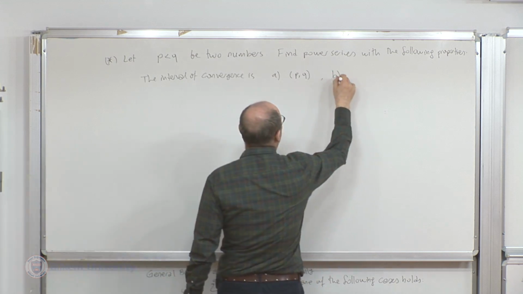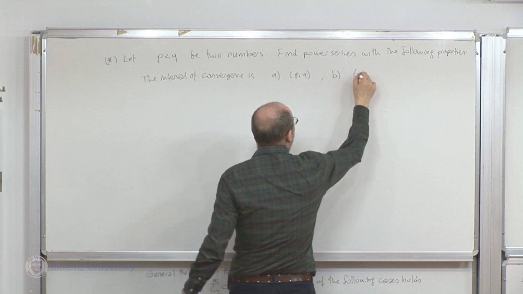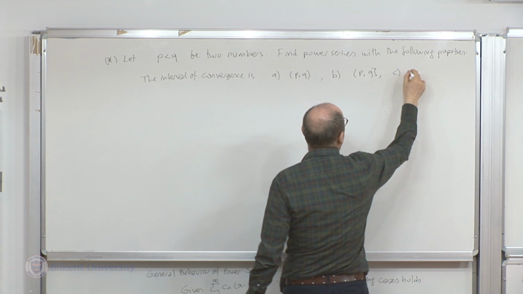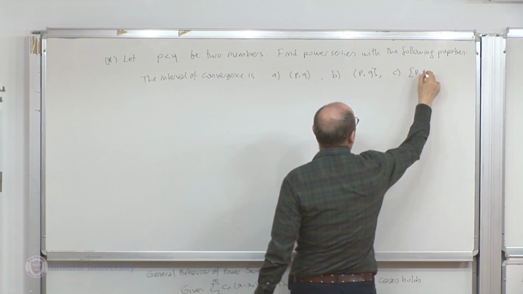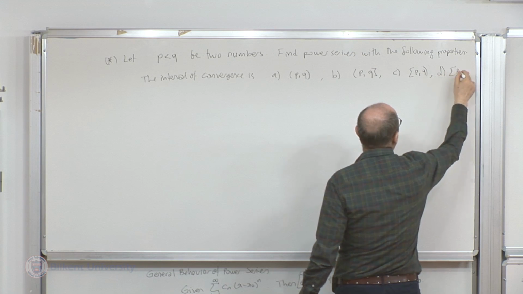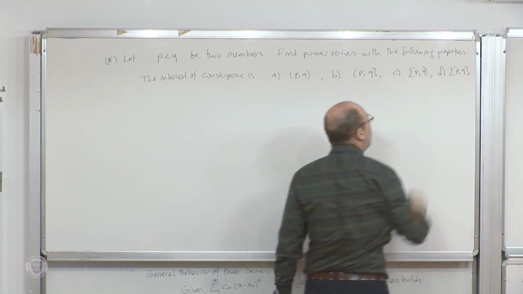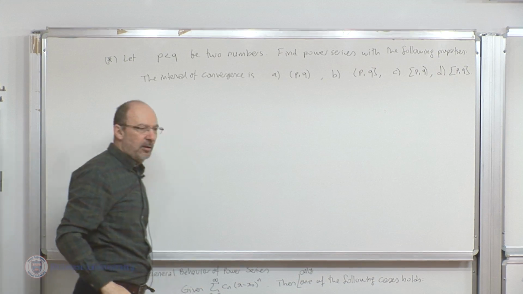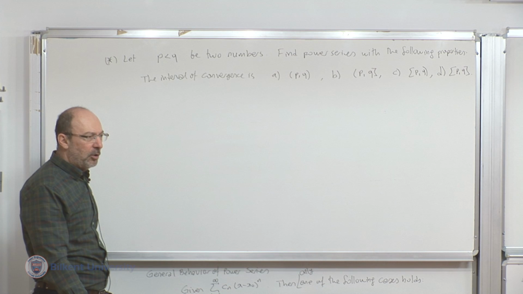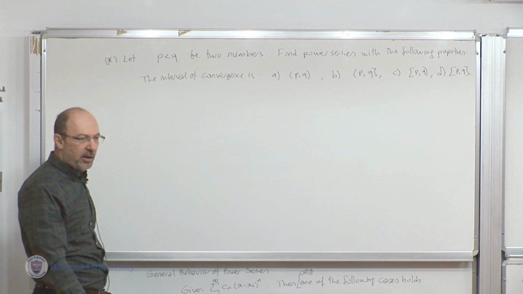B is diverges at P but converges at Q. C the other way around, and D, it converges at both endpoints. Okay, so it looks like a miracle, but when you start doing these things, it will be very easy.